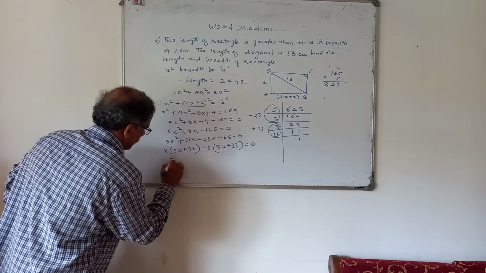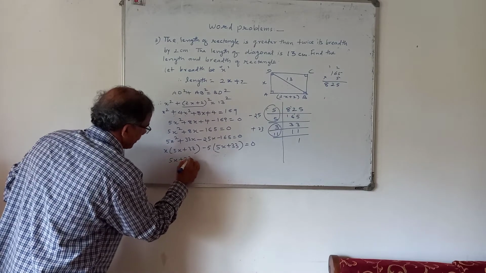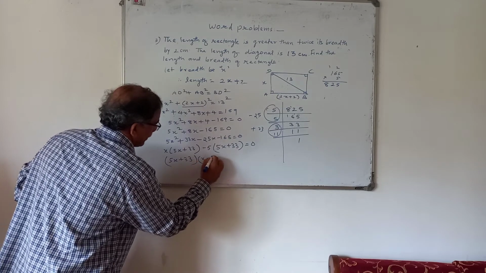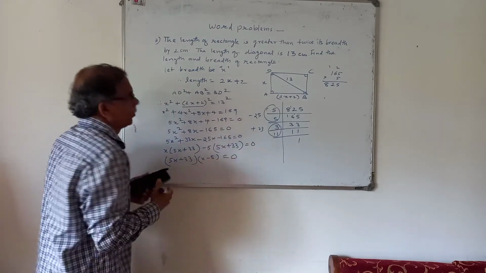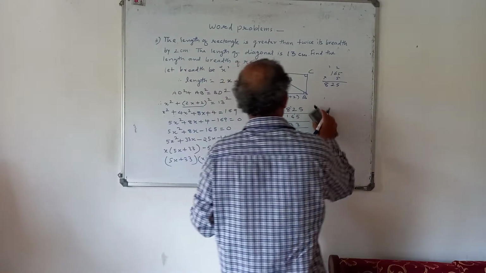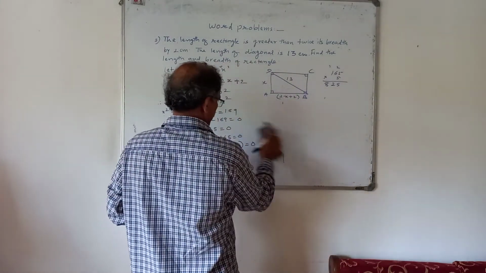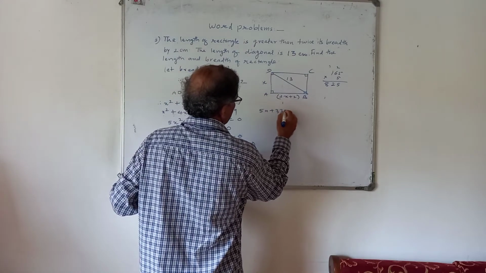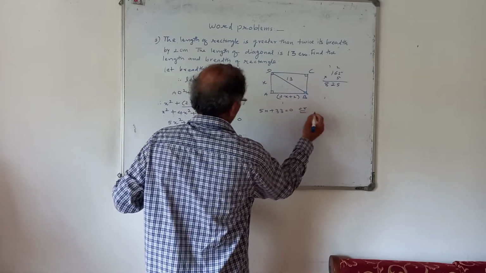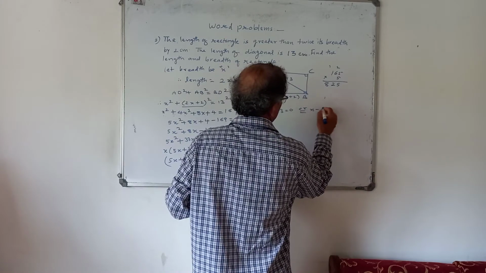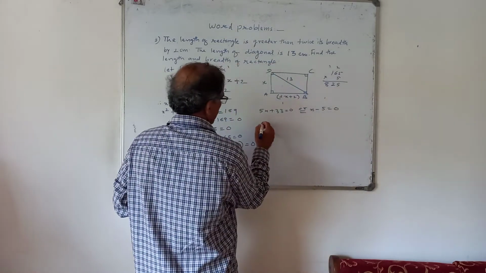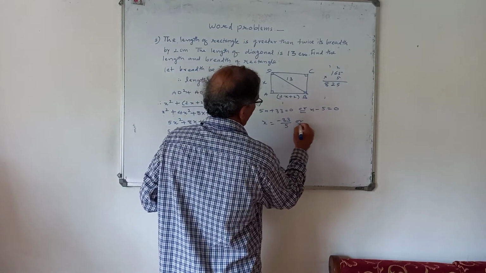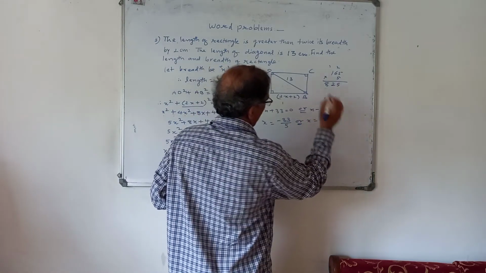So now 5x plus 33 into x minus 5 is equal to 0. So 5x plus 33 is equal to 0 or x minus 5 is equal to 0. So x is equal to minus 33 upon 5 or x is equal to 5.